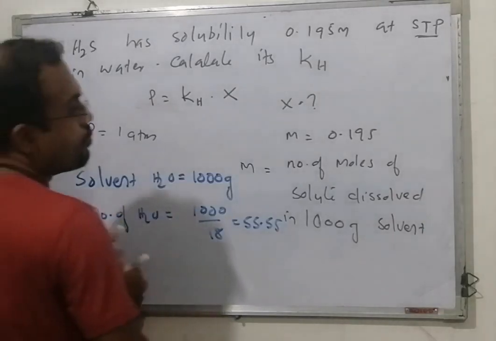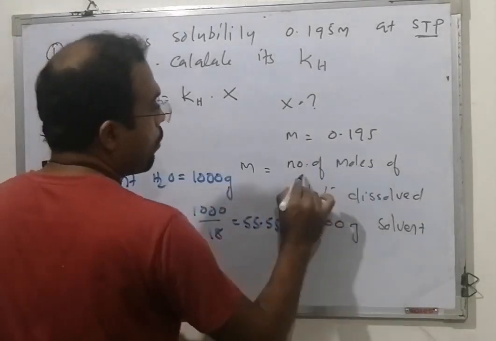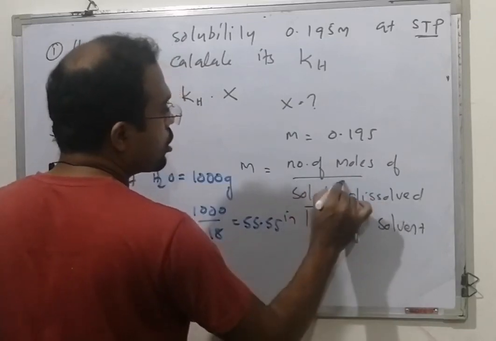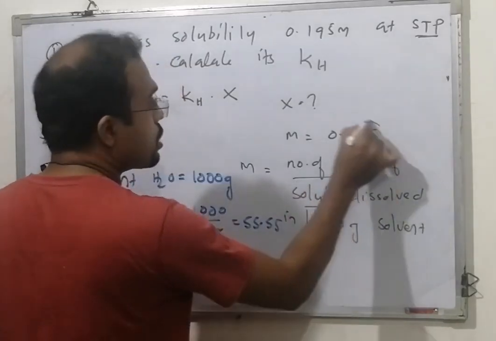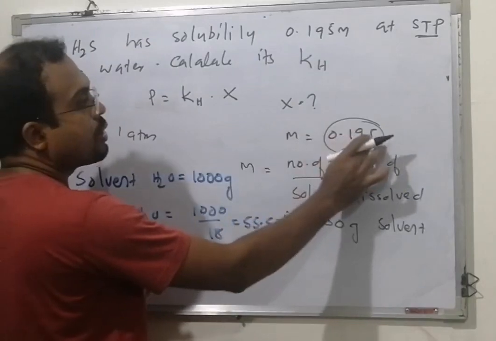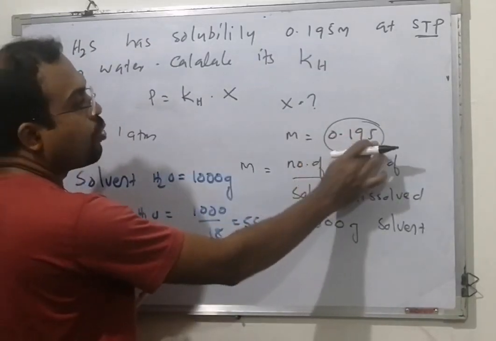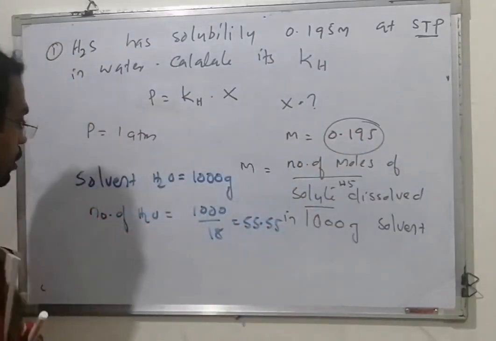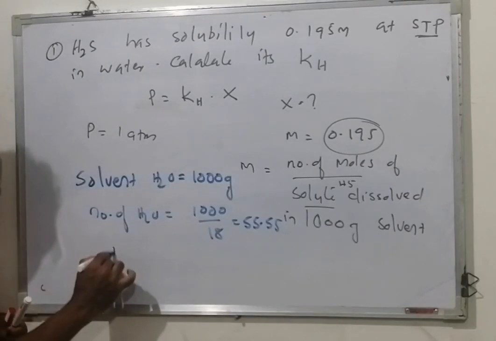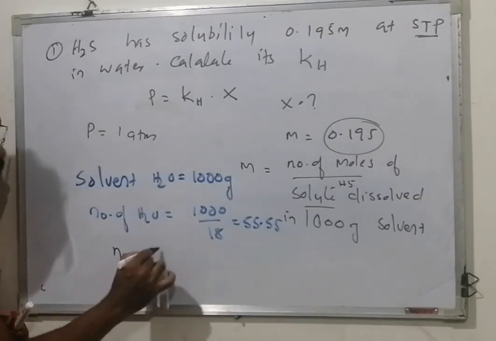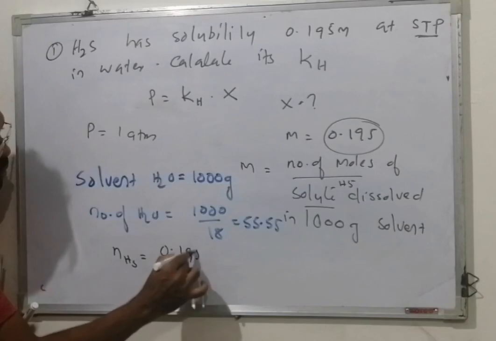The solute here is H2S, and since molality is given, this much mole is dissolved in 1000 gram. Therefore, the number of moles of H2S is 0.195.